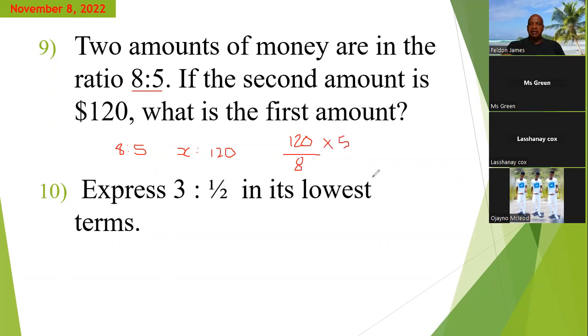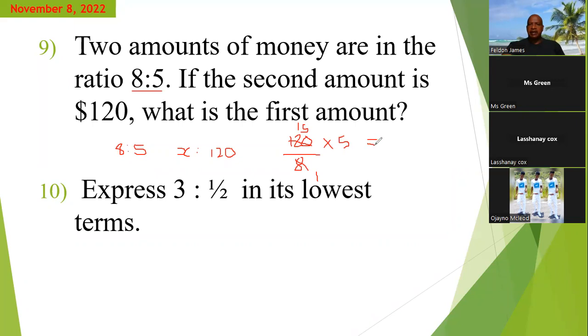All right. And so 8 into itself goes 1 time. And 8 into 120 goes 15 times. Then I multiply across and get 75. And you get how much? 75 after multiplying across.